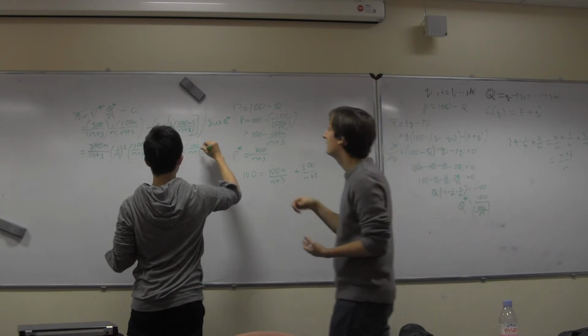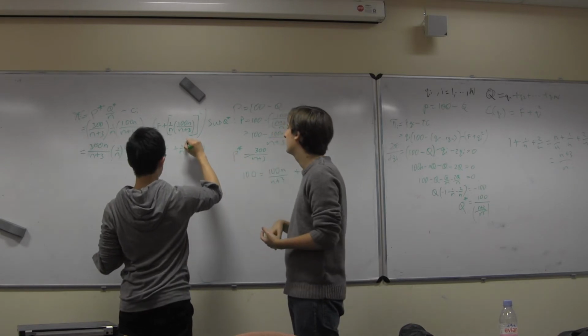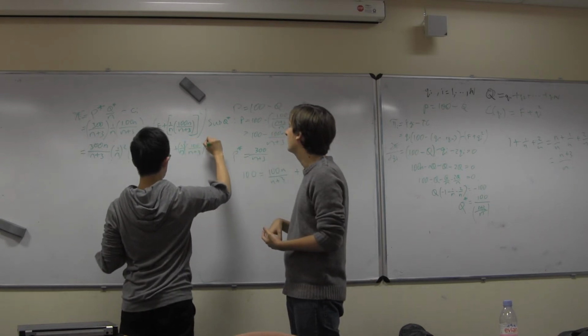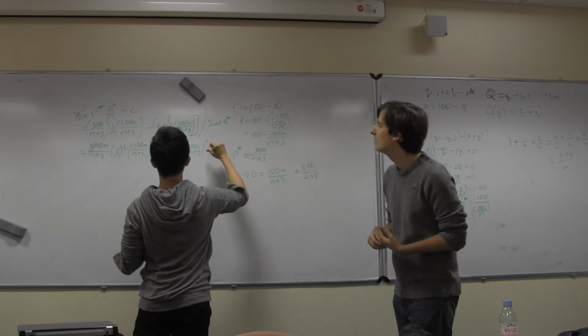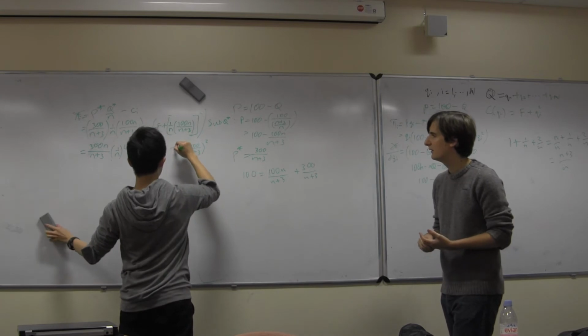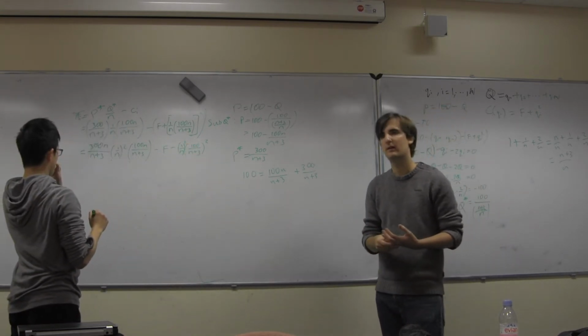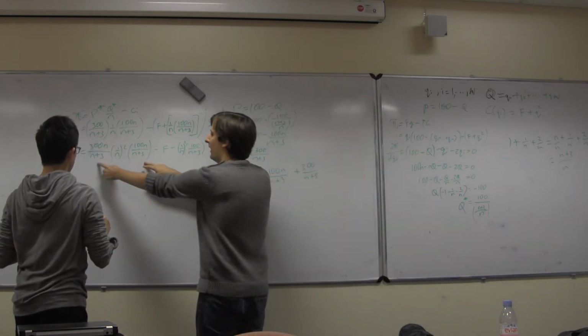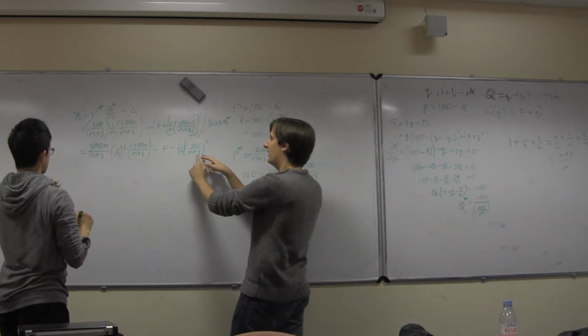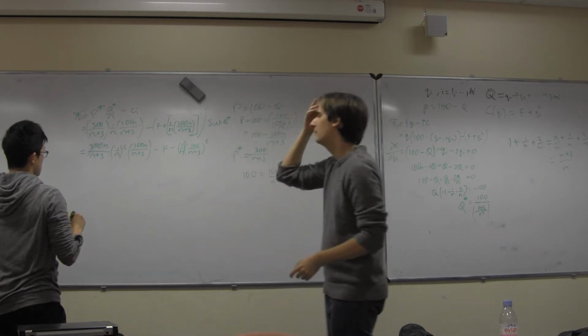You can kind of do that, put a square there. Okay, so now everything is over the same thing. You've got n plus 3 squared, n squared on the bottom here and there. So now you can put everything into one fraction.